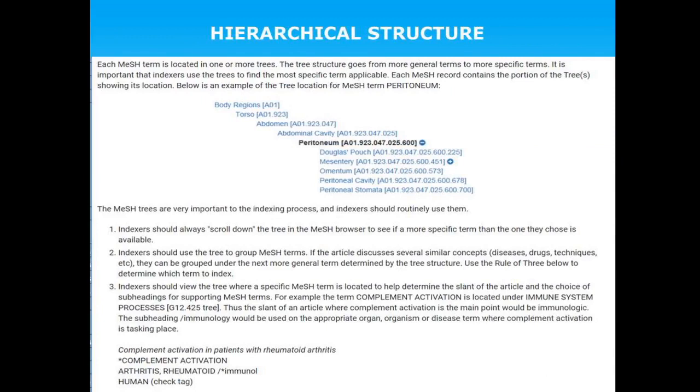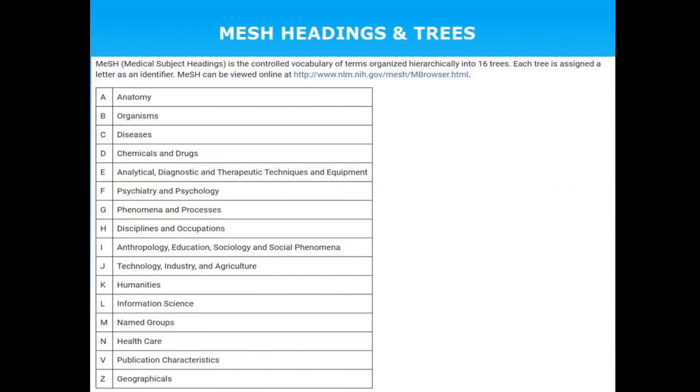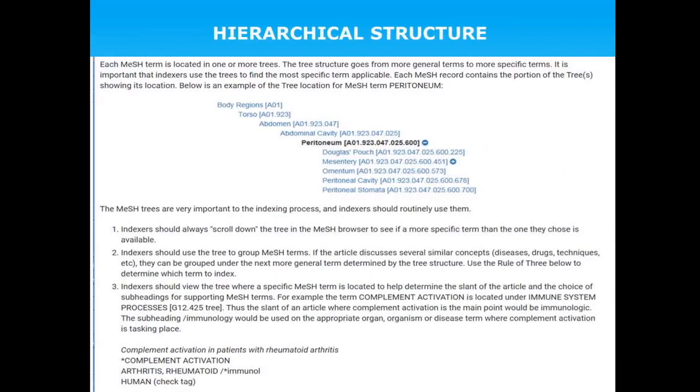Each MeSH term is located in one or more trees. That is true actually. One term can be in more than one tree. For example, you can find a MeSH term in anatomy also, and you can find a MeSH term in diseases also. That means a term will be available in more than one tree.